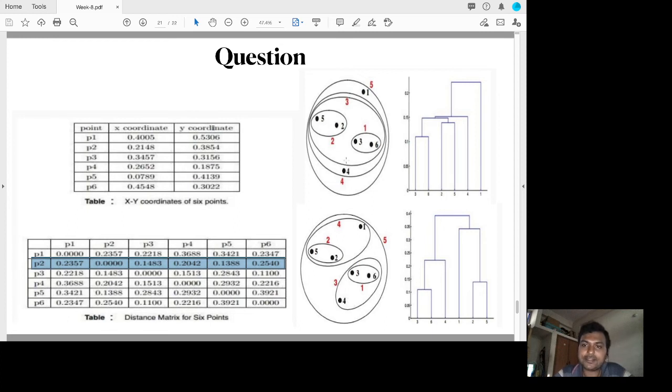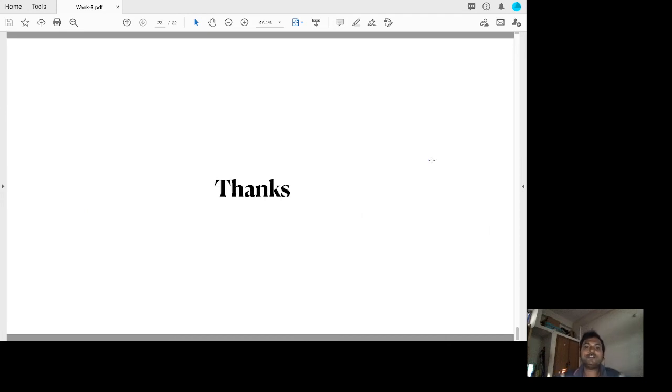You will always cluster 1 and 2 to form cluster 3. So therefore the top one is the single linkage dendrogram. I hope this example is clear. Got it. Yes.